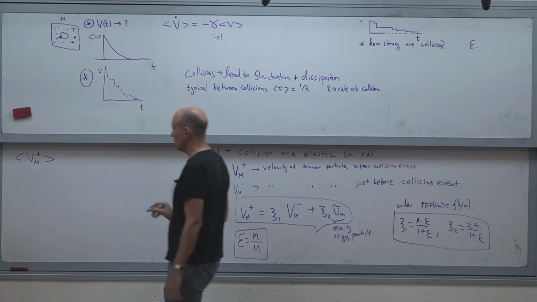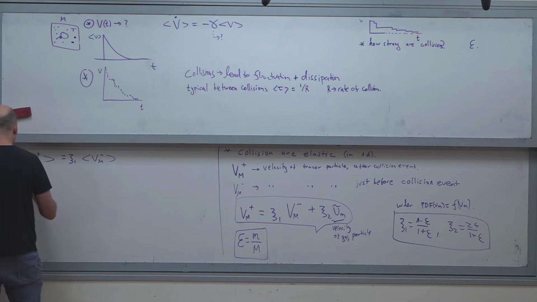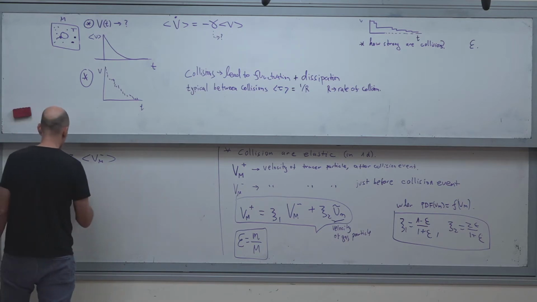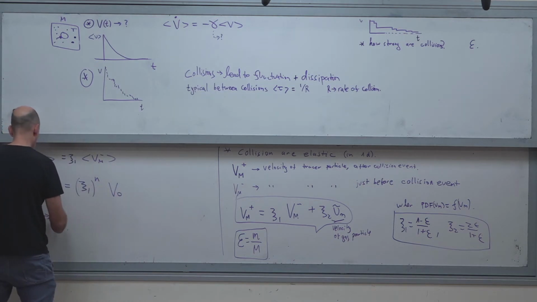So this is equal to psi1 Vm minus. So if I want the velocity average after n collisions, this is given by psi1 to the power n, the initial velocity. So v0 is the initial velocity.